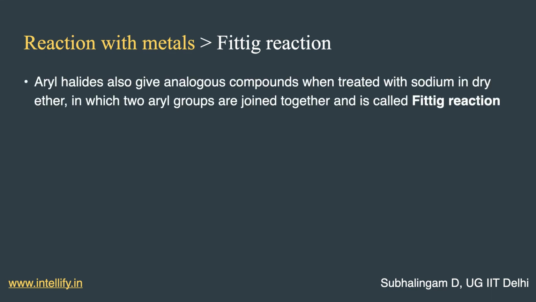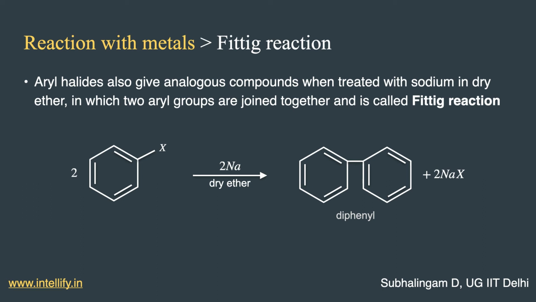Similarly, aryl halides also give analogous compounds when treated with sodium in dry ether, in which two aryl groups are joined together, and this is called Fittig reaction. So we take 2 moles of halobenzene, treat it with sodium in presence of dry ether, and I get a diphenyl plus 2 moles of NaX as byproduct. It is somewhat similar to Wurtz reaction, which we saw in the reaction of haloalkanes.